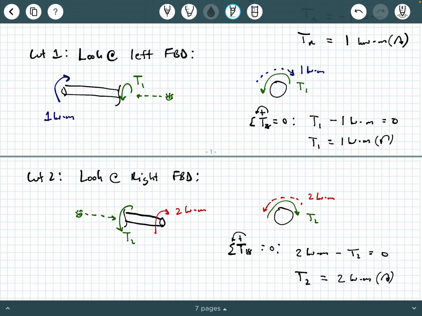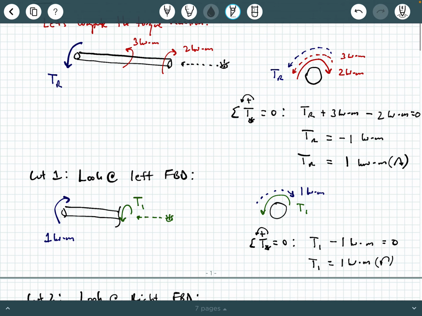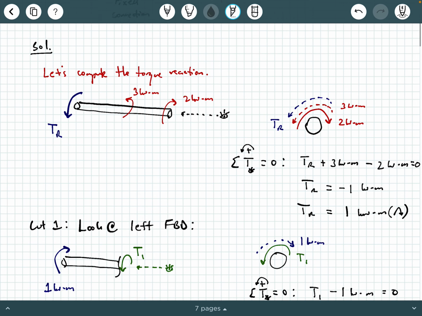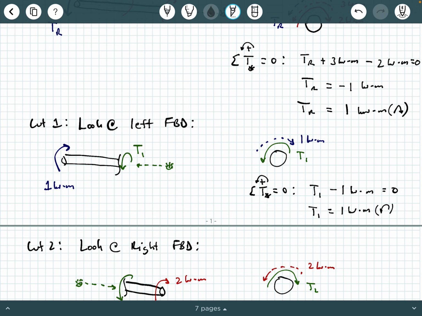Okay, now you might be wondering, how come I was able to do this and it seems like I just ignored this 3 kilonewton meters? Well, I didn't really ignore it, right? The 3 kilonewton meters was incorporated into the reaction that we calculated earlier, which is built into this 1 kilonewton meter, which was again built in to cut 1.